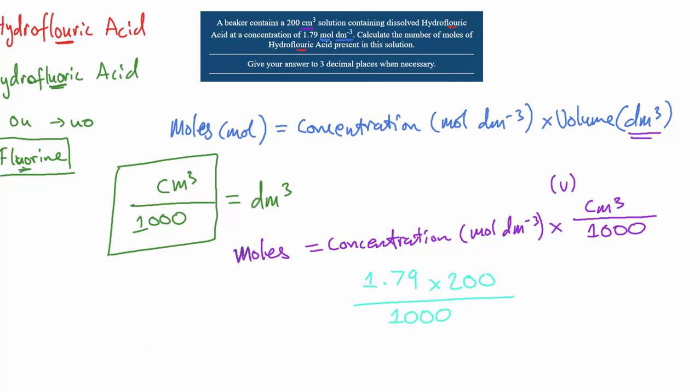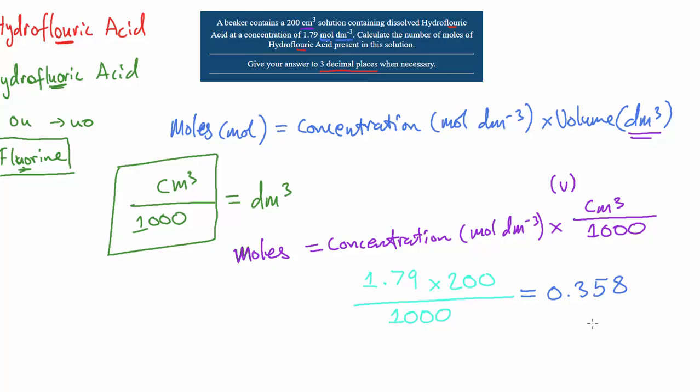I would invite you to have a go at working out what that is going to be. If you do work that out, what you should find is it is equal to 0.358. The question asks us to give our answer to 3 decimal places. This is already to 3 decimal places, so we don't need to round this value.